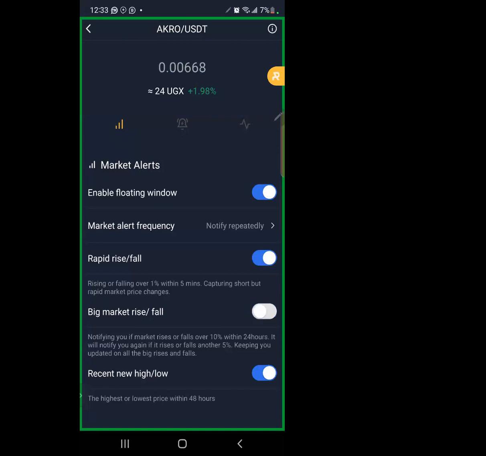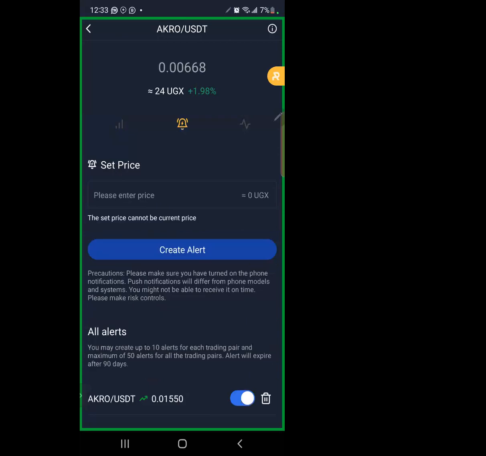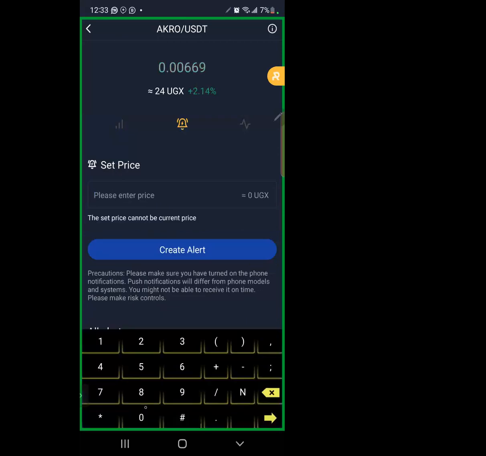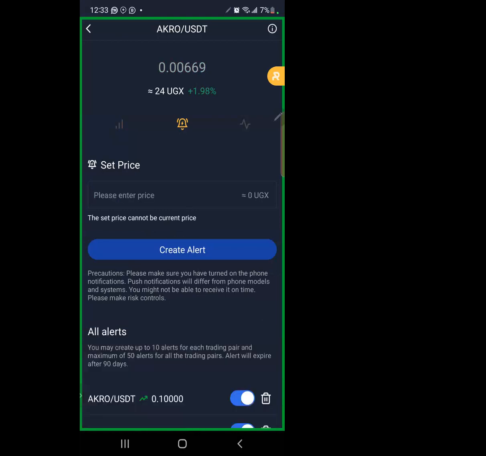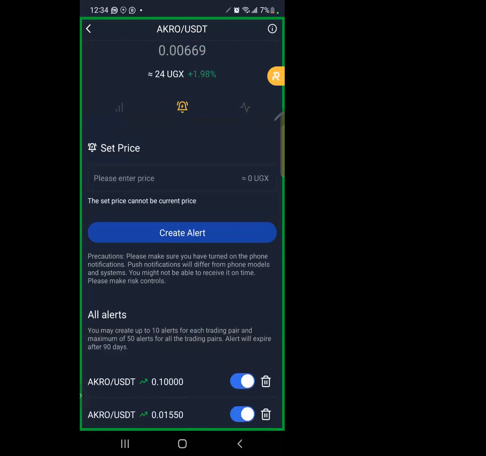When you give it to tell you the rapid rise and fall, it will make your robot so busy. So I'm telling my robot to notify me if this trade goes back to 0.1. The robot will notify me the moment it goes back there.